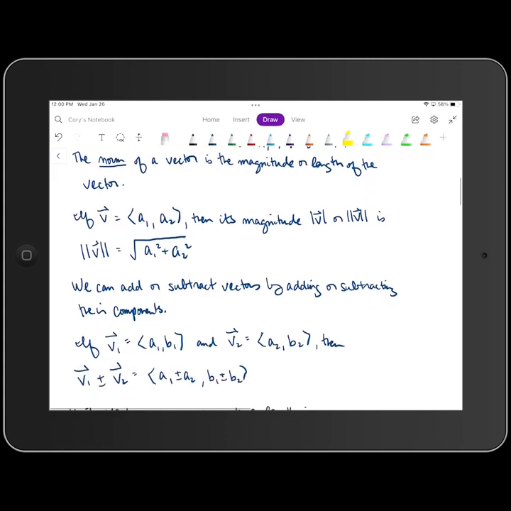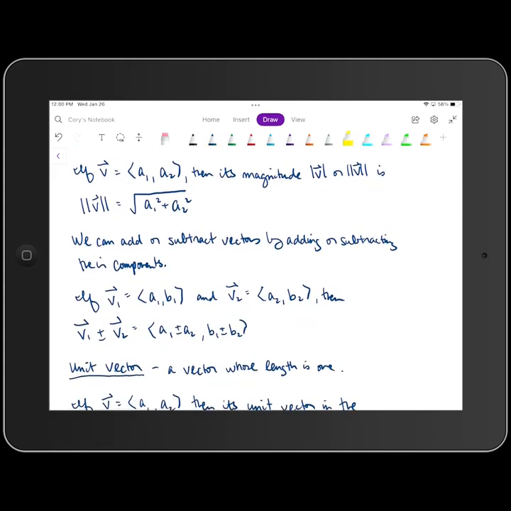Okay, so as I mentioned earlier, we can add or subtract vectors by adding or subtracting their components. So if we have vector v sub 1 with first component a sub 1 and second component b sub 1, and vector v sub 2 with first component a sub 2 and second component b sub 2, then we can add or subtract the 2 vectors by adding or subtracting their respective components.